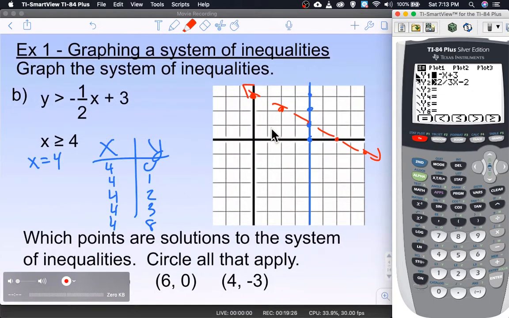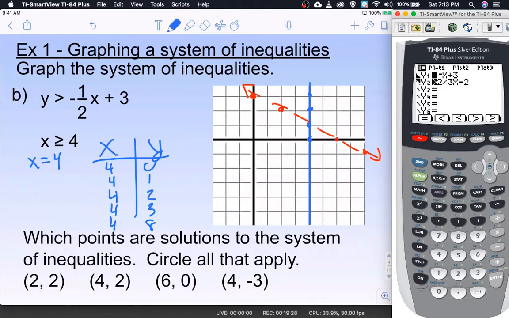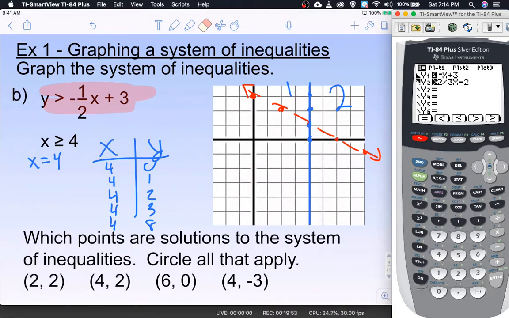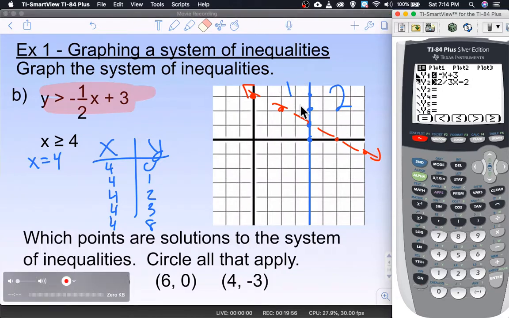Now, how I would do that in this problem is, I number 1, 2, 3, 4. I've got 4 sections of pie, 4 sections of the graph broken apart by my lines. My first line here, I'm shading greater than the red line. Greater than my red line means up here. So I know it's not number 4 or number 3, because greater than the red line is up above the red line.